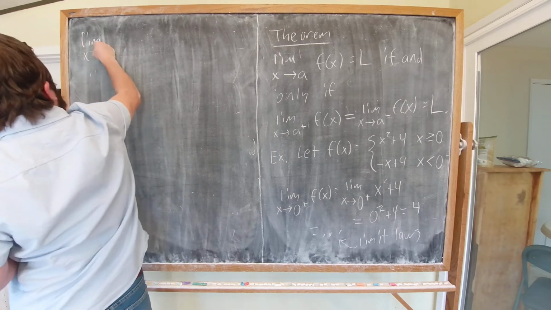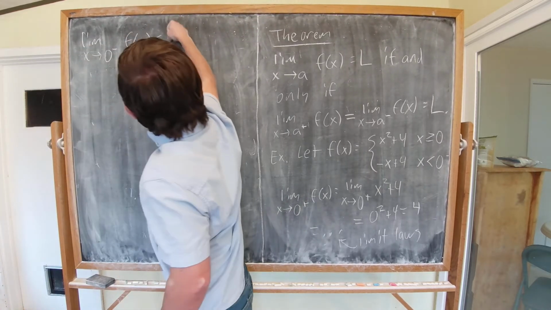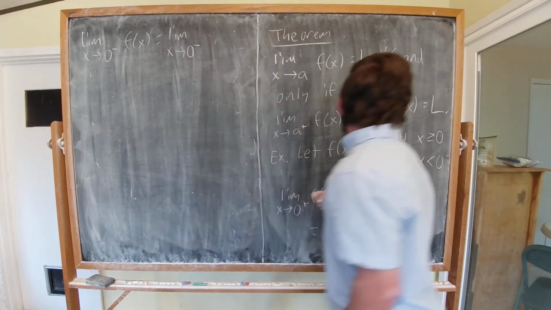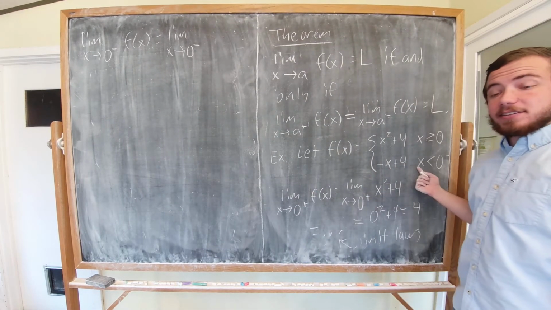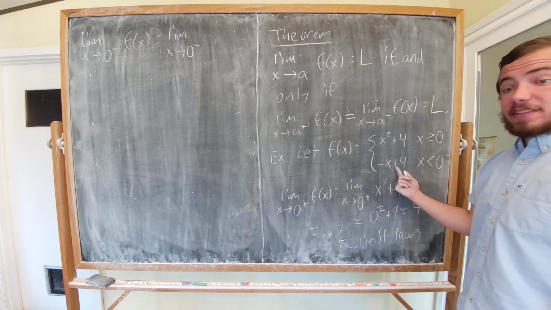Limit as x approaches 0 from the left side of f of x is the limit as x approaches 0 from the left. Since we're always less than 0 when we're approaching from the left, we're always going to be in this branch of the function.